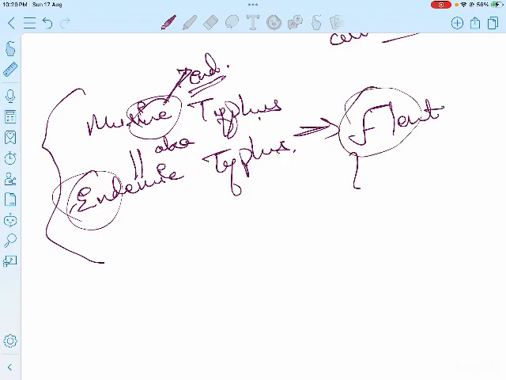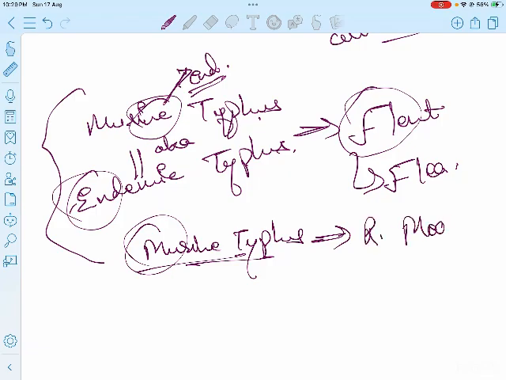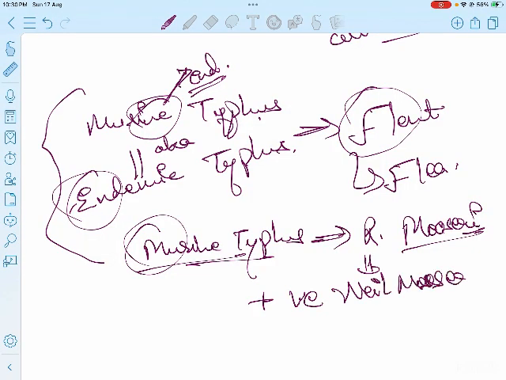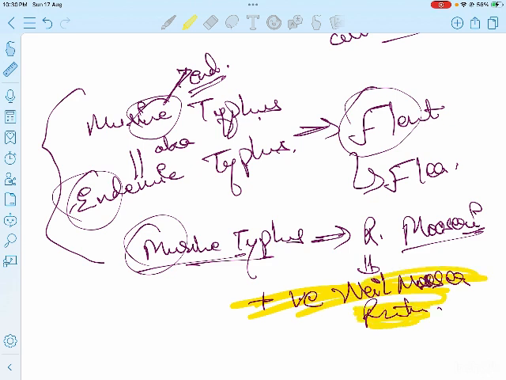So flea is your vector here, and for murine typhus, M for M, it is caused by Rickettsia mooseri, and it gives positive Neill-Mooser reaction. Murine typhus.